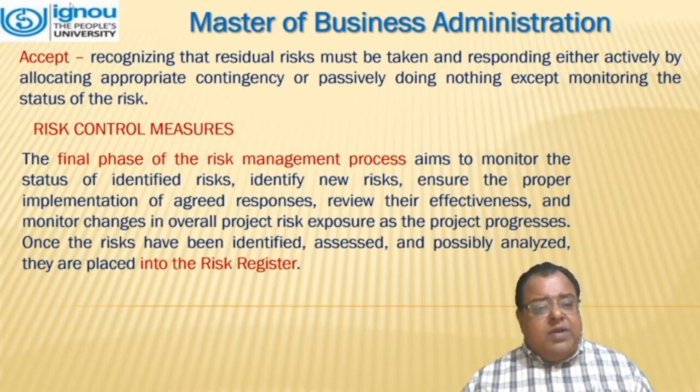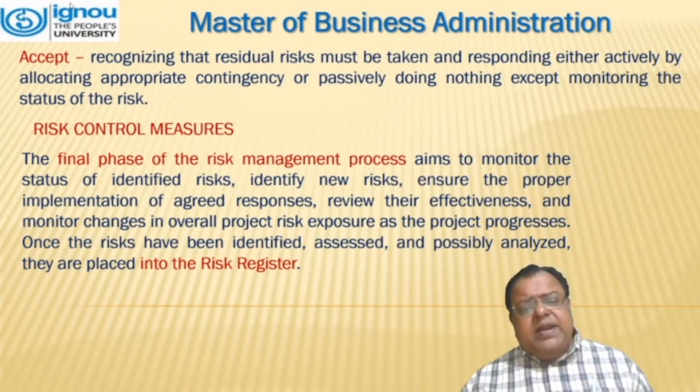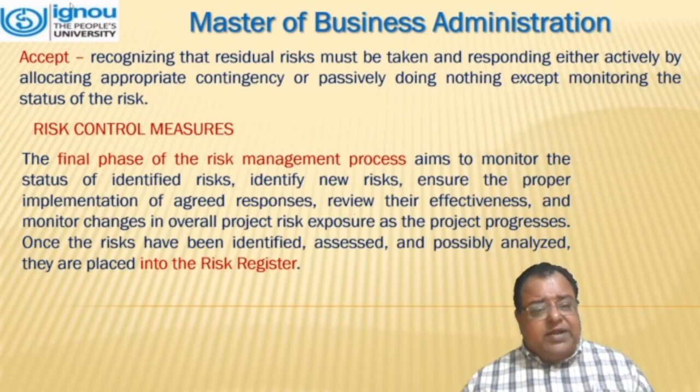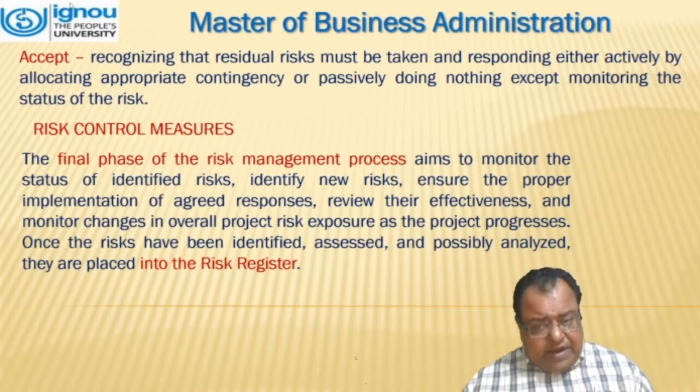Risk control measures. The final phase of the risk management process aims to monitor the status of identified risks, identify new risks, ensure the proper implementation of agreed responses, review their effectiveness, and monitor changes in overall project risk exposure as the project progresses.